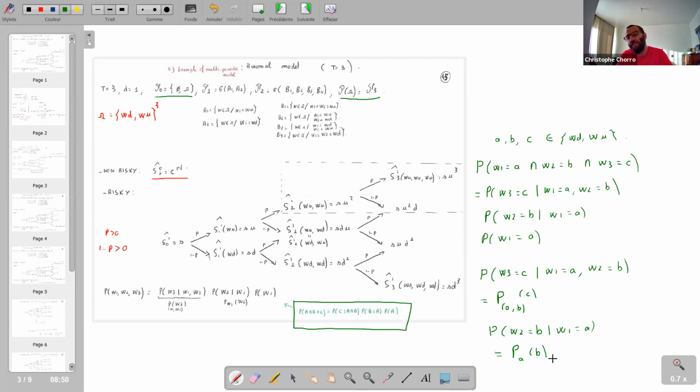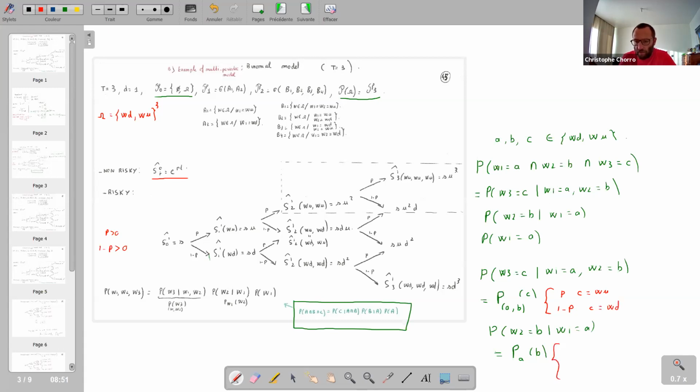So, I repeat, in the case of historical probability this decomposition is not necessary, because I don't mind it. The only thing I need to impose is that these are strictly positive, because in my model the hypothesis is that this one is equal to P if C is equal to WU, and 1 minus P if C is equal to WD.